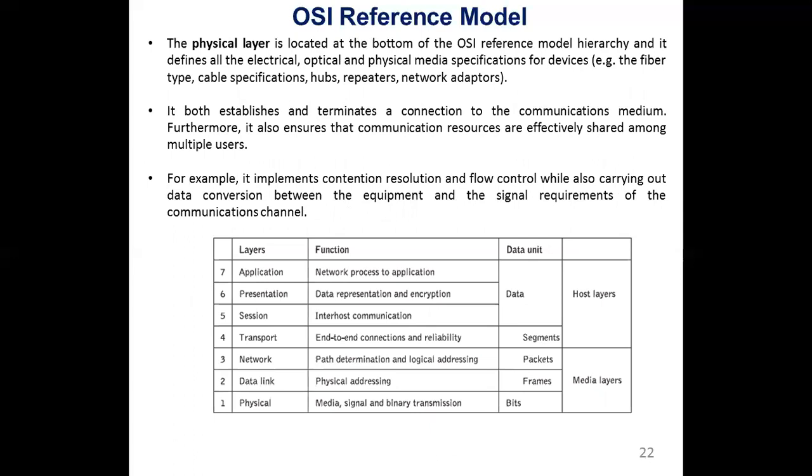It establishes and terminates a connection depending on whether you have the cable attached to the device or not. It forms the communication medium. It will ensure that the resources are effectively shared among the multiple users depending on the kind of protocol and rules which we are using. So the basic job of the physical layer is to resolve any contentions between the users.